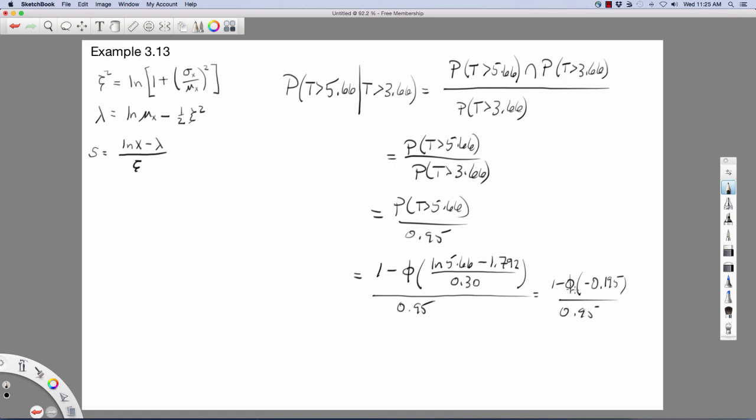Now remember, when we have the CDF function of a negative, this is simply going to be 1 minus the positive value of the CDF.